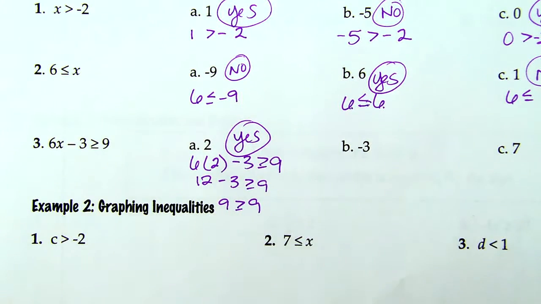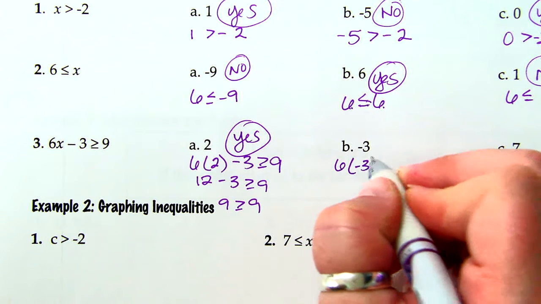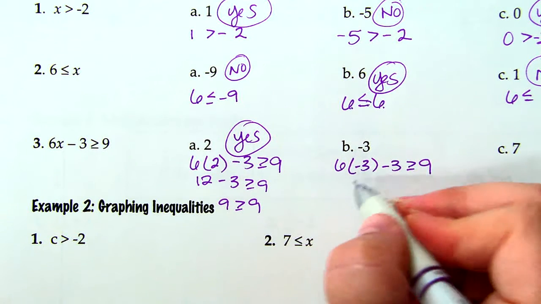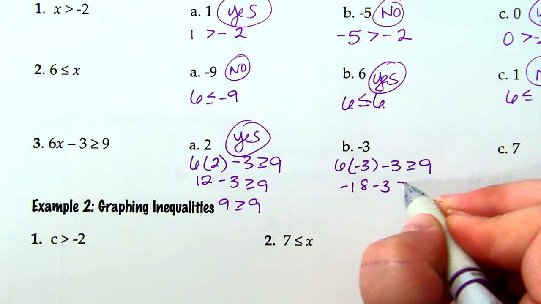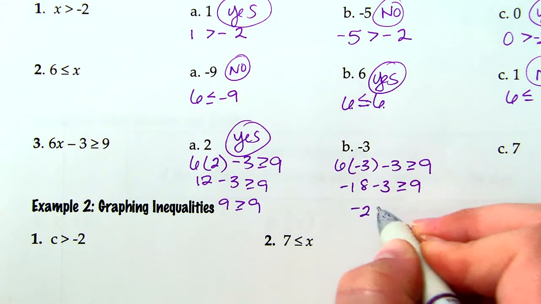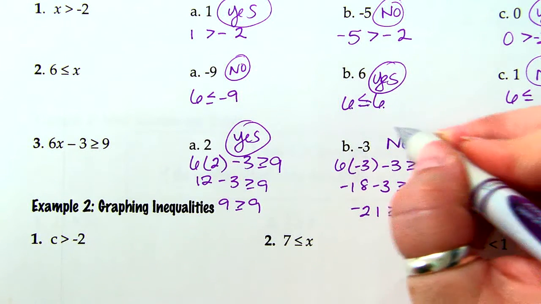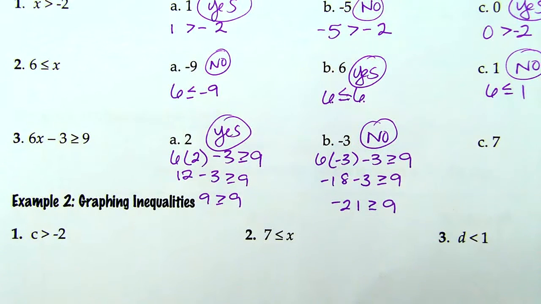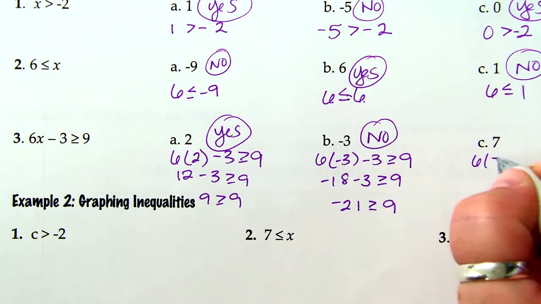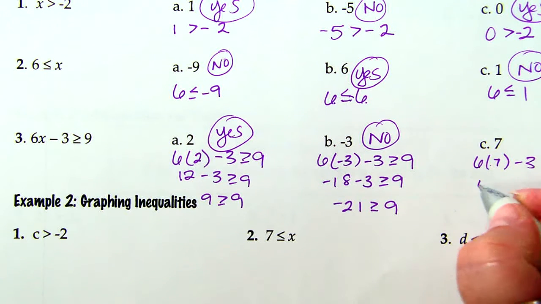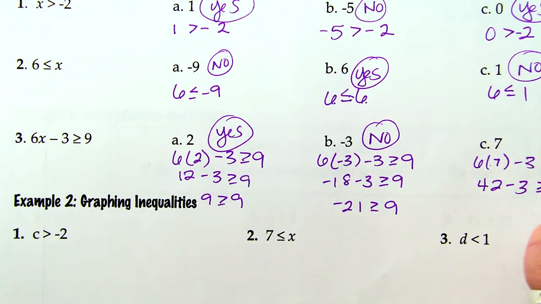Then -3, plug in that for x, and simplify. This is -18 minus 3, so -21, greater than or equal to 9. That one is not true. And then the last one, plug in 7, so 6 times 7 minus 3, is that greater than or equal to 9? 42 minus 3 is 39, and that is greater than 9, so that one is a solution.